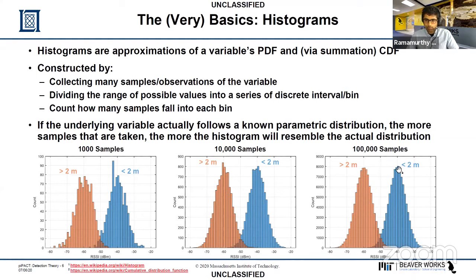Still not perfect; you'd have to take 1 million samples or more to look almost exactly like a Gaussian. But this is the sort of distribution you will be generating by looking at the histogram of the data, not necessarily Gaussian, not necessarily normal. I'll show you more on that later.